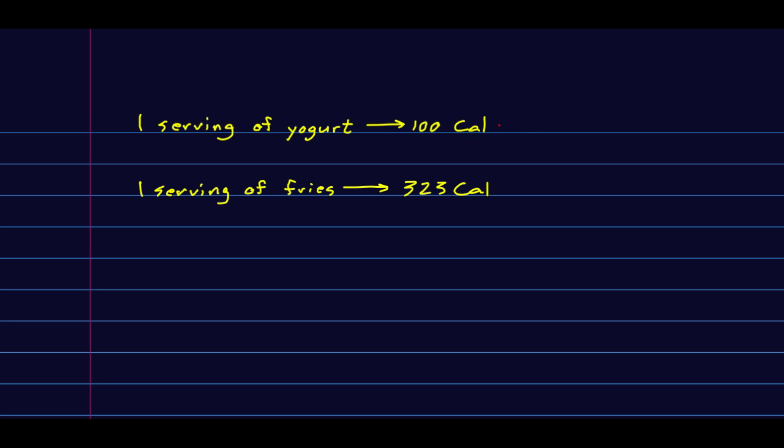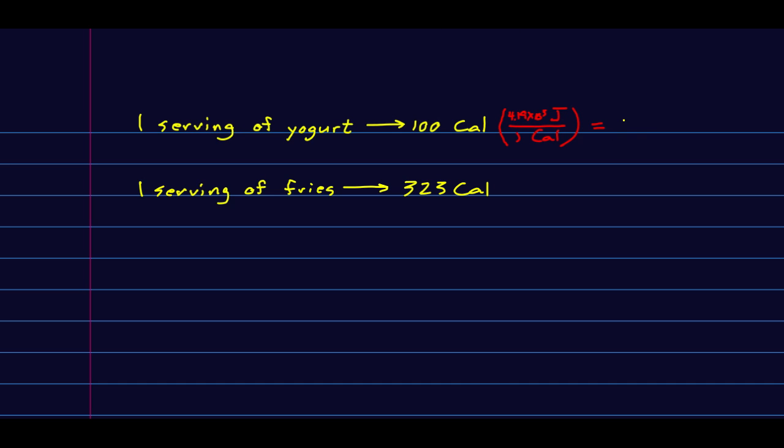The yogurt out of my fridge at home said it had 100 calories, and so we'll just do a typical unit conversion. We're converting out of calories and into joules, and 1 calorie is 4.19 times 10 to the 3 joules.